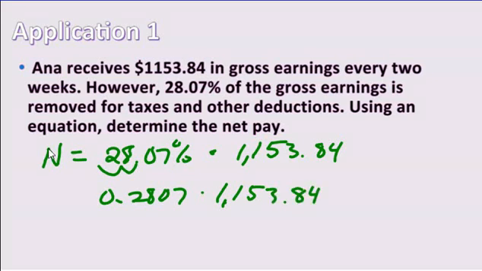I take the 1,153.84 times 0.2807, and I would round it to the nearest cent. So this would be $323.88. That's how much deductions she would have on her paycheck.